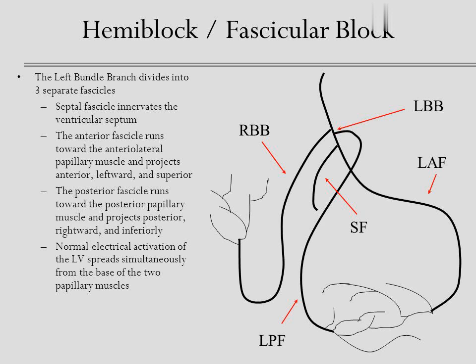The posterior fascicle runs toward the posterior papillary muscle and projects posterior, rightward, and inferiorly. Normal electrical activation of the LV spreads simultaneously from the base of the two papillary muscles. LBB, RBB, LAF, SF, LPF.